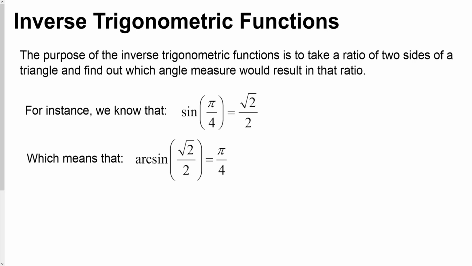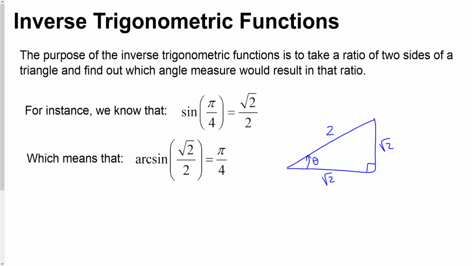So for instance, if I was trying to evaluate an arcsine, and I had a right triangle, and this is my observed angle measure, and I know that the sine of that angle measure is the square root of 2 over 2, so that means the opposite side over the hypotenuse is in that ratio. Well then, if I solve for the remaining side, I'd find this side would be the square root of 2, and you can use the Pythagorean theorem to prove that.